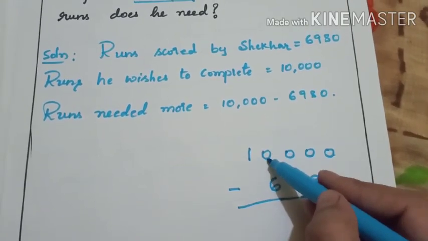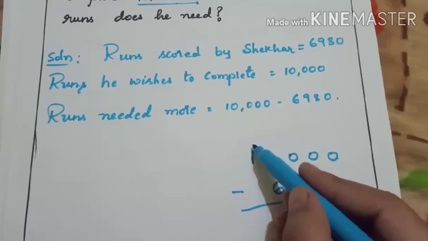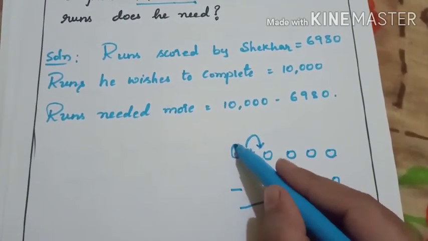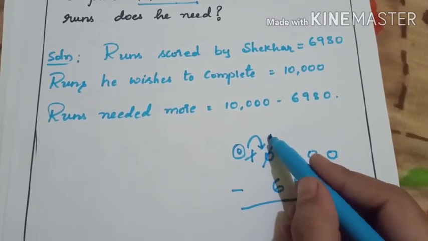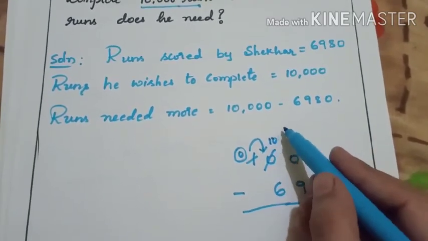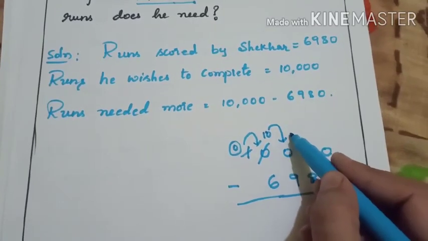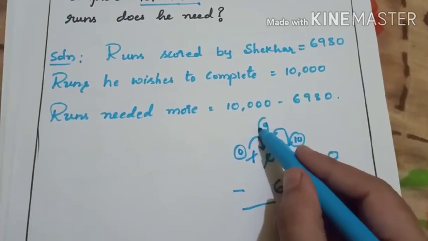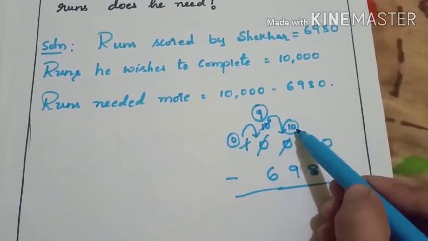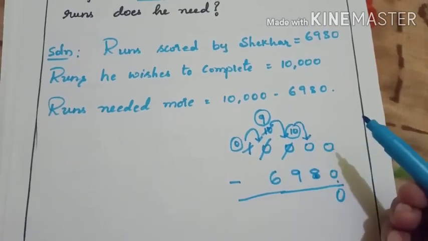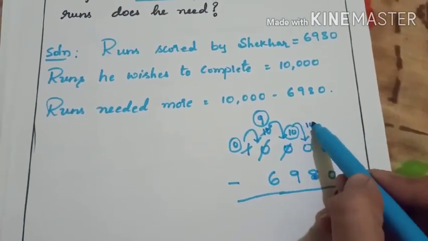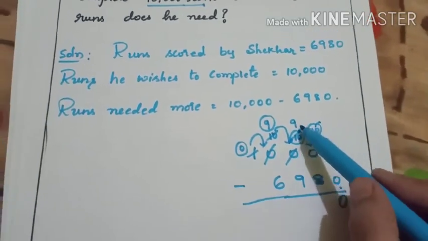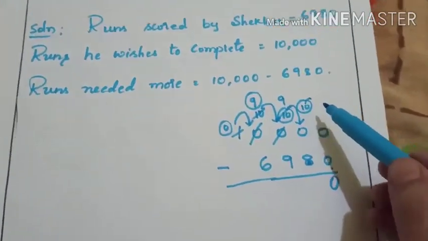Take the borrow from the next place. Here also it is 0. So take the borrow from here. This becomes 0 and this becomes 10. Right? When you give borrow to this, it becomes 10, and this becomes 9. Again, you are giving borrow to this number, so this becomes 10 and this becomes 9, and this becomes 9. Now you can subtract.